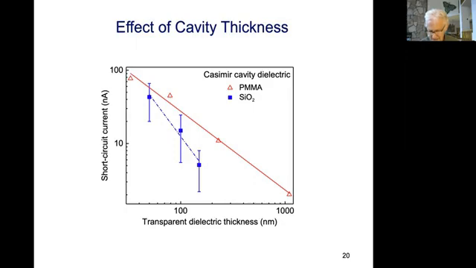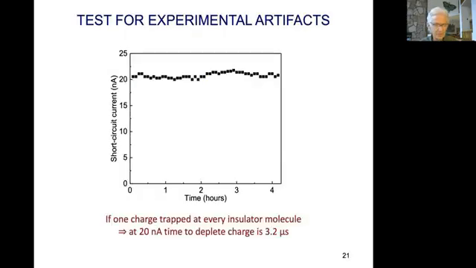So if you calculate how many atoms we have in the insulator, it turns out that if one charge were trapped at every insulator molecule, the current we're seeing, 20 nanoamps, would take about 3.2 microseconds to deplete. But we see this current continuously. Here's a plot showing the current as a function of hours. And actually, we've done this for longer times. The current comes out and it just keeps coming out.